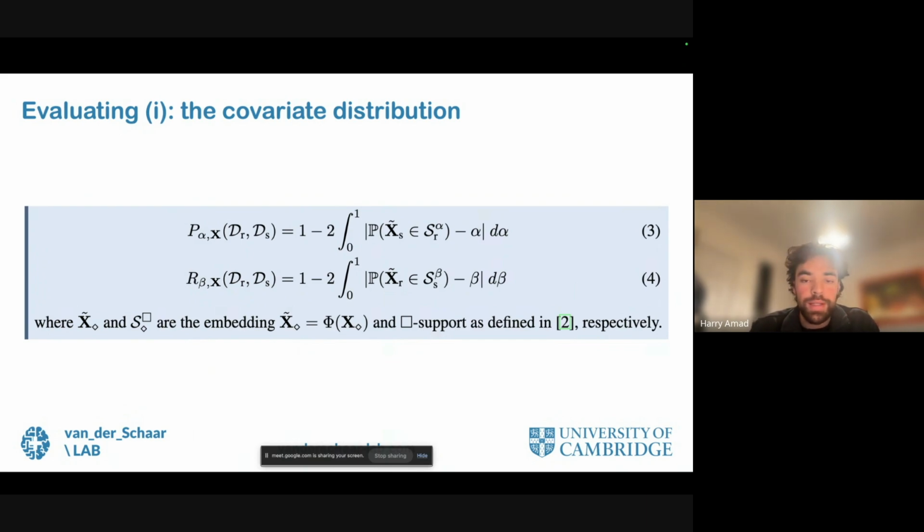Ideally, we would want a synthetic data distribution which has both high recall and precision. In practice, different generative models tend to trade off between these 2 metrics differently, but it is possible to get high scores in both, where a high score would be 1 and a low score would be 0.